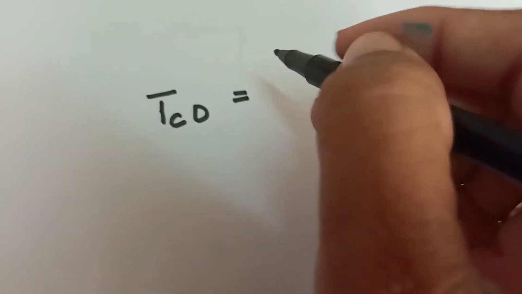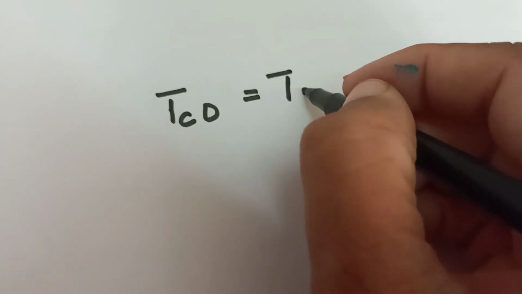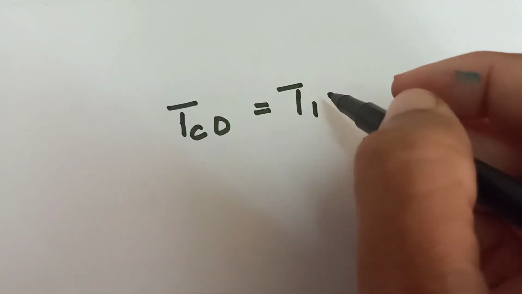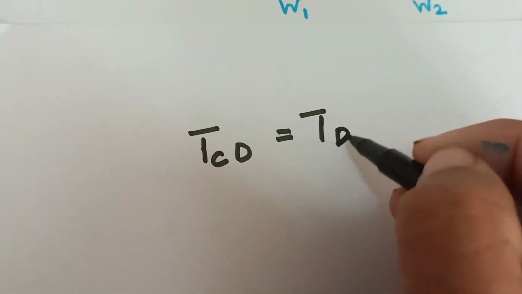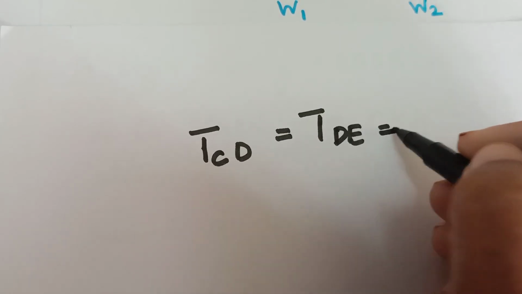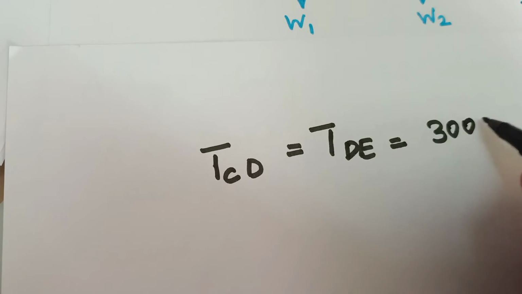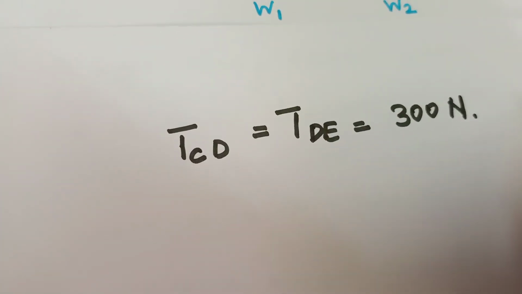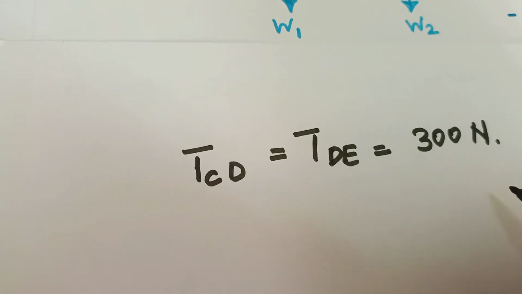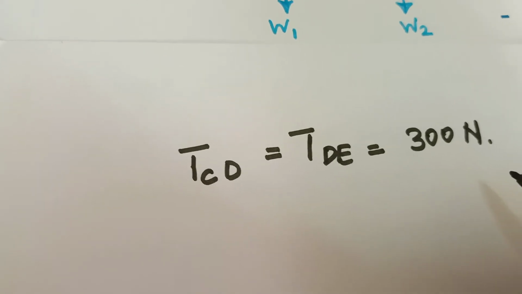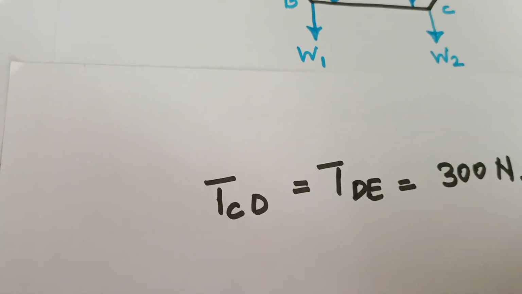So tension in CD is equal to tension in DE, which is equal to 300 newtons. Why is it the same? Because the string CD is a common string passing through a pulley.